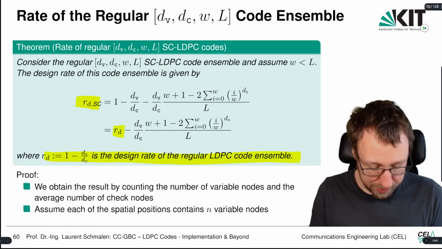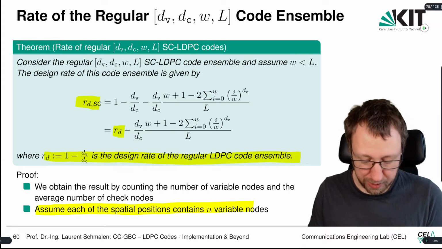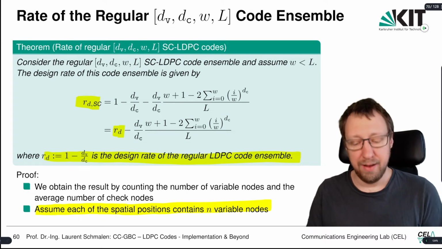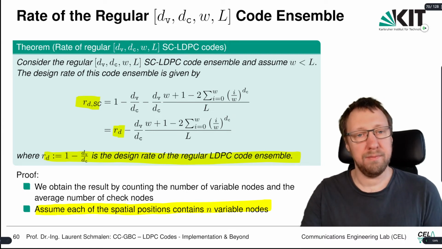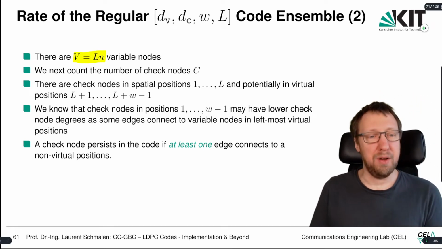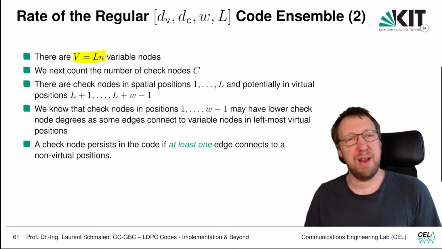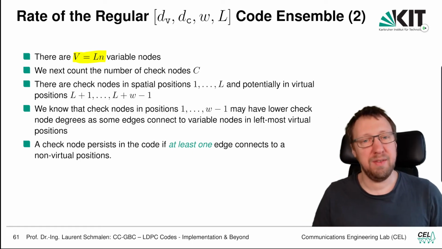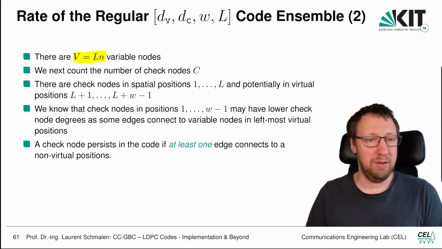So what we do is we assume that each spatial position has exactly n variable nodes. So we have a total number of L times n variable nodes. Nice. We have the first part of the expression done. Now we count the number of check nodes.